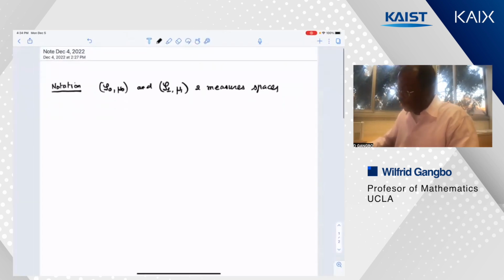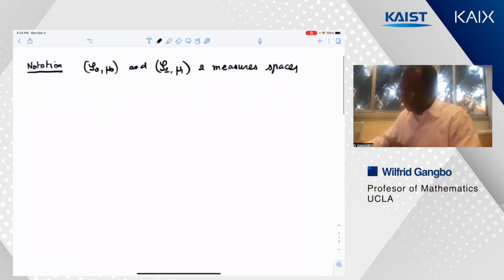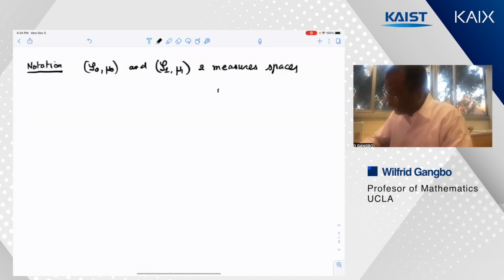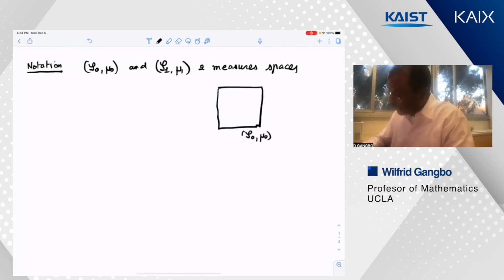I represent here S naught with a measure mu naught, and S1 with a measure mu 1.